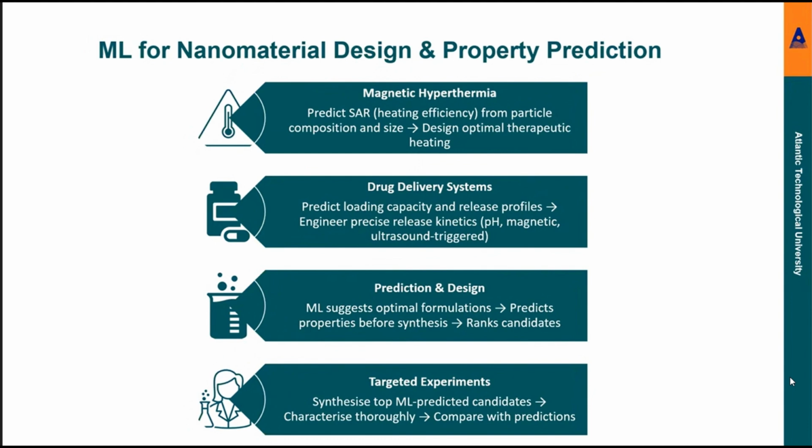The size must be small enough to navigate through the bloodstream, and the heating must be efficient enough to do what it's meant to do. We have different values for each of these parameters, so we have to know the right, optimal value for this design. Machine learning can help us suggest the optimal values for each of these parameters, and based on that, we can proceed to design our nanomaterial.